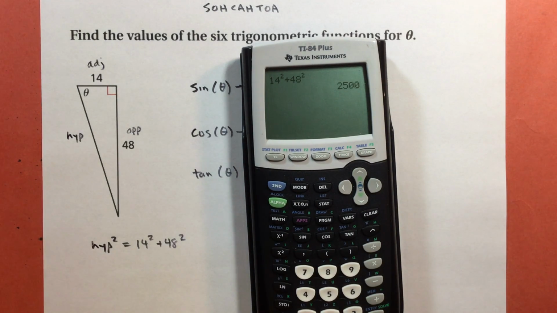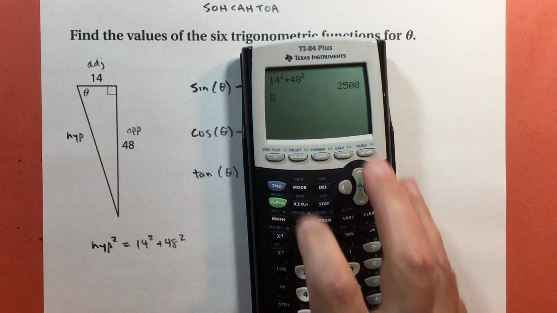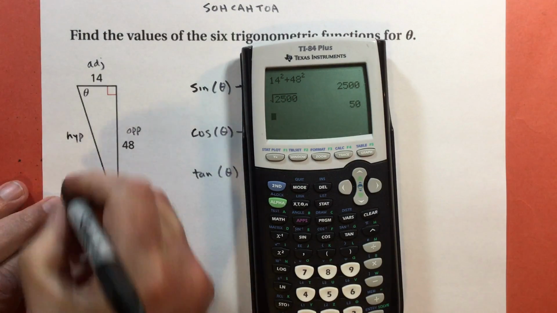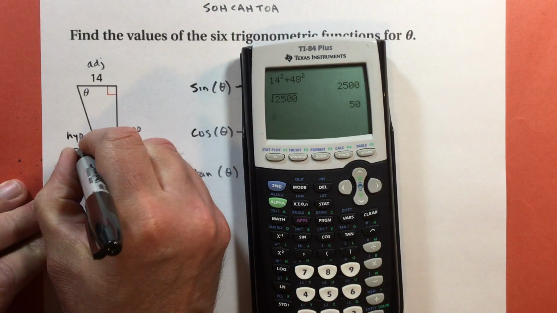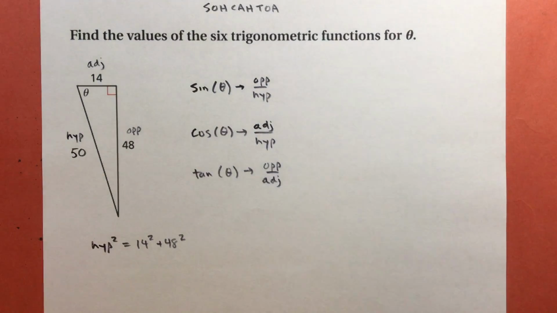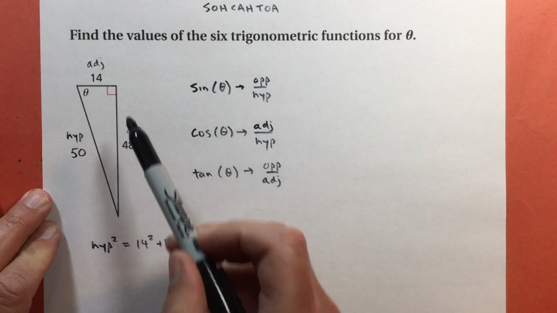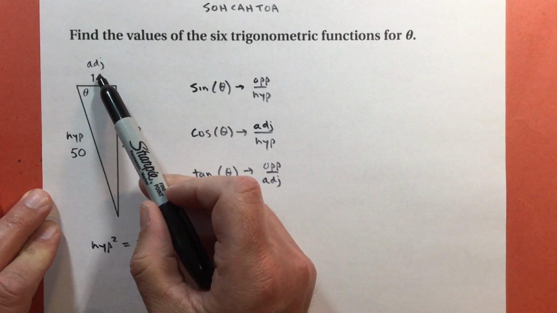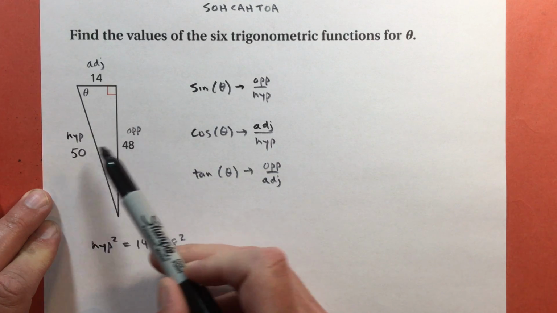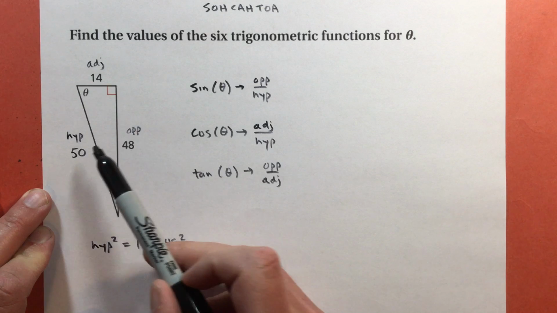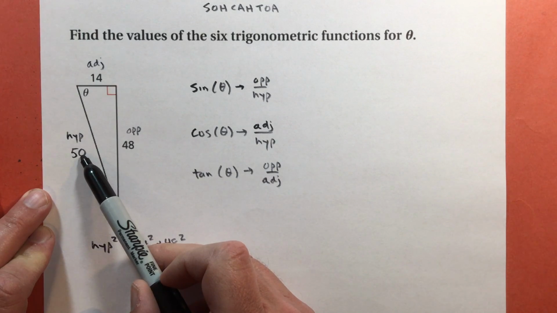So I do 14 squared plus 48 squared. And I get 2,500. And if I take my square root of that, which you probably could do in your head, I get 50. So using the Pythagorean theorem, I found out that my hypotenuse is 50. I also notice that this is 2 times 7, 2 times 12, and 2 times 24, and this is 2 times 25.